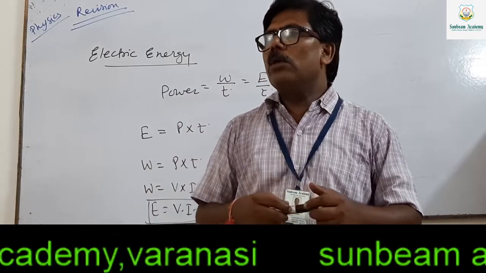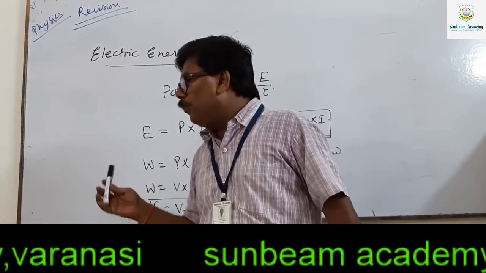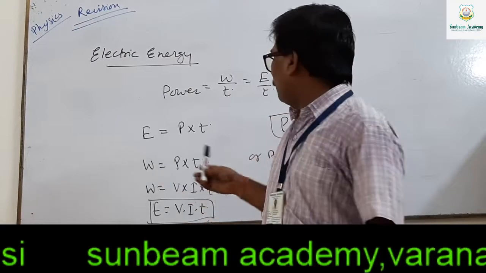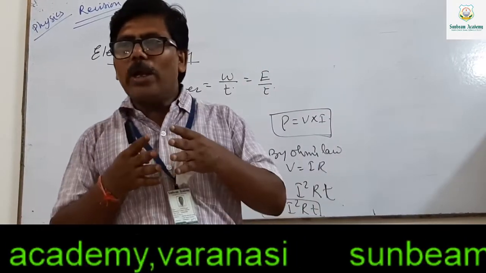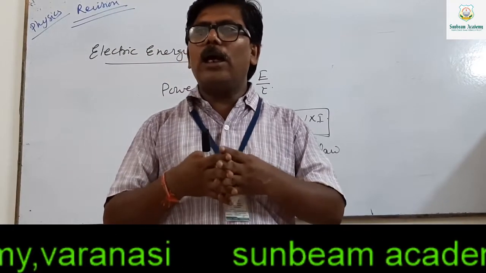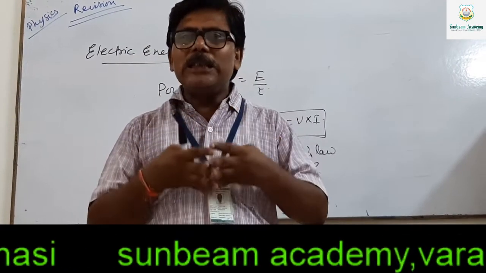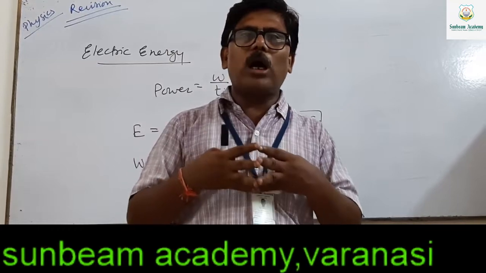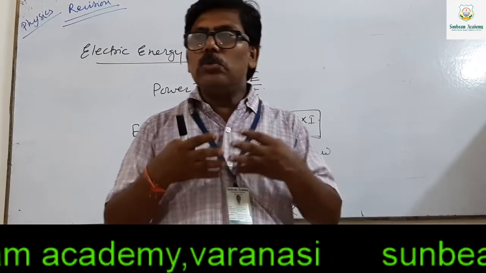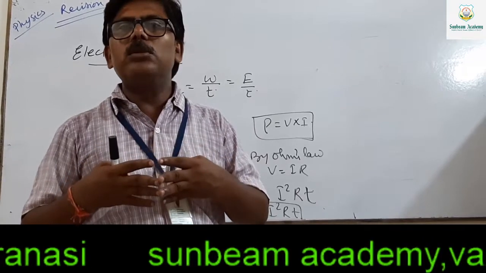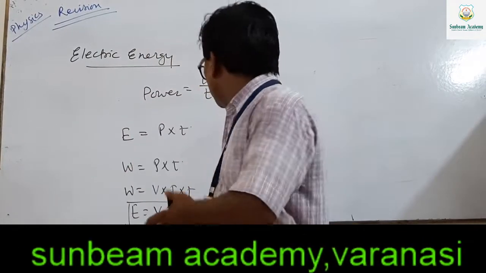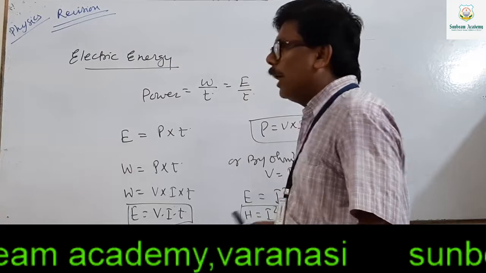Now we can calculate with the help of this electrical energy formula the amount of energy consumed at your house. How many units of electric energy are consumed in your house, you can calculate with the help of this formula.